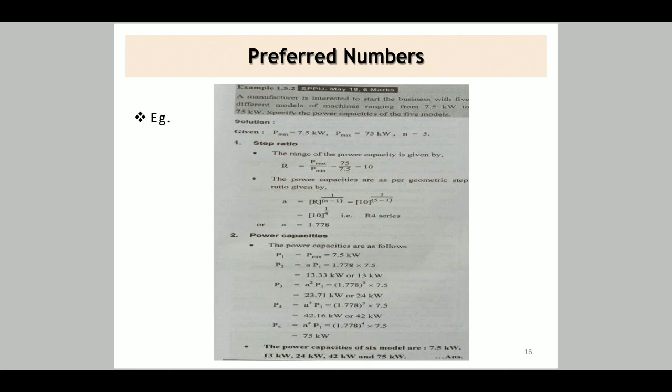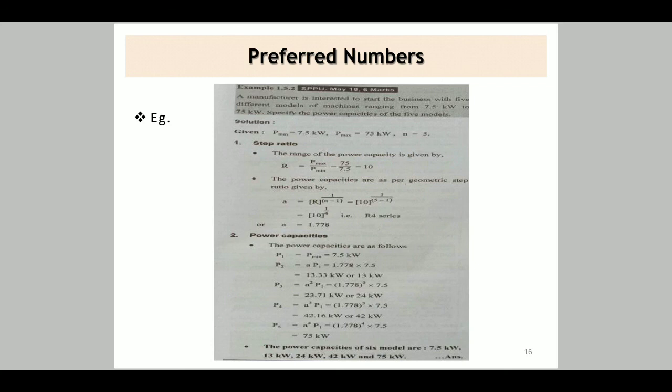P4 can be found out by A cube into P1. So we get the value of P4 as 1.778 cube into 7.5. So the answer of P4 is 42.16 kilowatt. So it's 42 kilowatt. And last is P5.